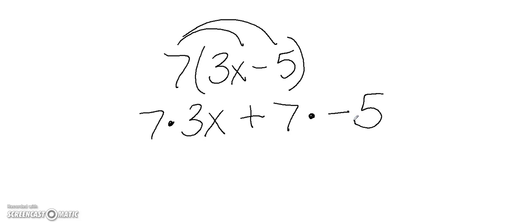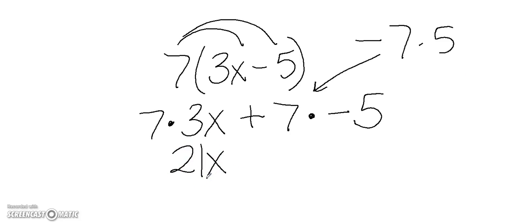Now I also don't mind if instead of that you did minus 7 times 5 over there. That's fine either way. But what you need to recognize is that the 7 is going to be multiplied by 5, which is negative. Okay? So I'm going to end up with 21x. 7 times negative 5 is negative 35. So 21x minus 35.